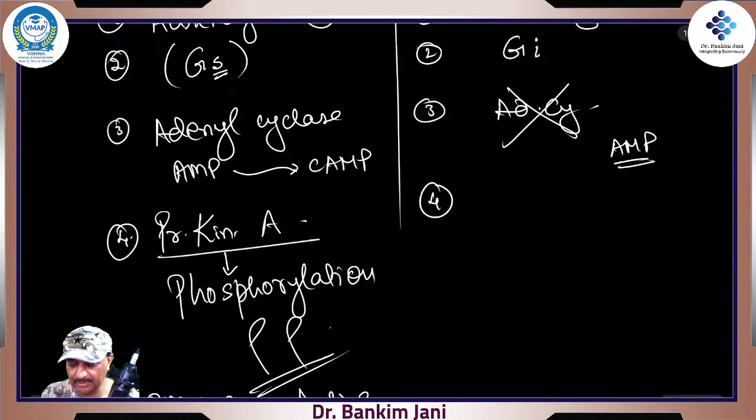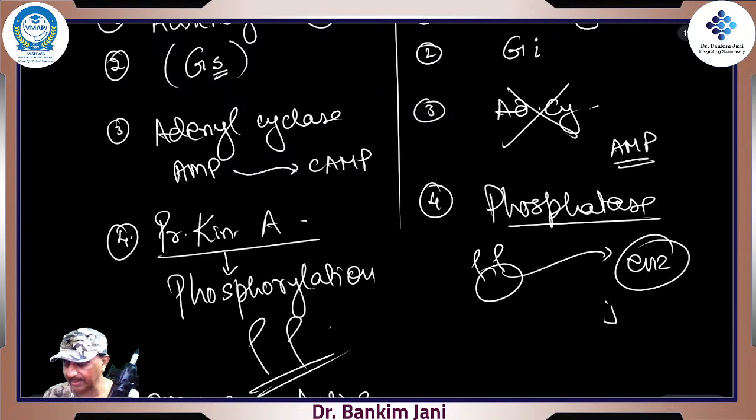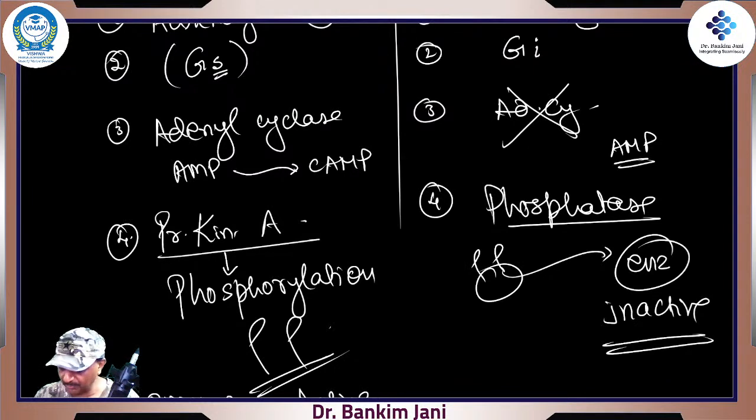Over here, just the reverse: that activated enzyme is acted on by phosphatase. So these phosphates are removed and the enzyme becomes inactive. So the process stops. That's the contrast which keeps on going non-stop, one after another.